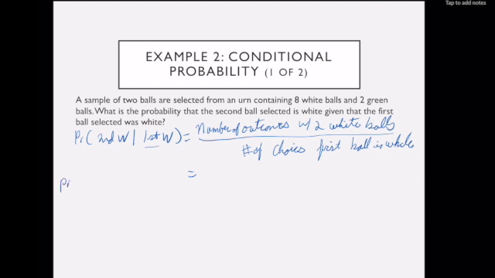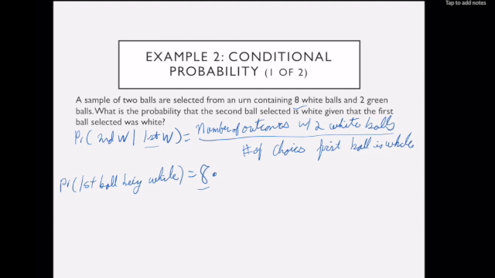So let's find the number of outcomes for the first ball being white. I have my urn, I stick my hand in, and I pick a white ball. How many ways can I pick a white ball? The answer is 8. That's my first ball. It's white.